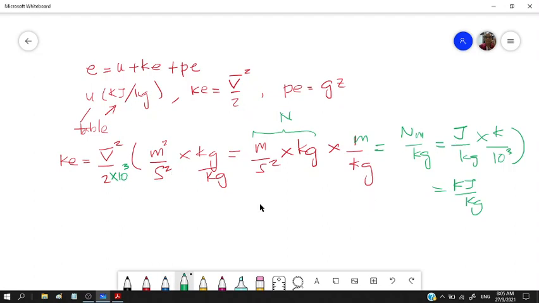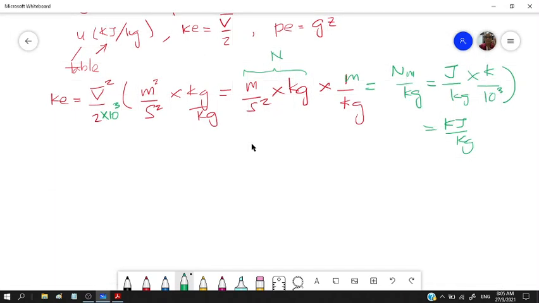Same goes for the PE. As far as the PE is concerned, the formula for PE is equal to G times Z. What is the unit for G? G is meter over second squared. What is Z? Z is in meter. So if you look here, we are getting the same thing, meter squared over second squared.